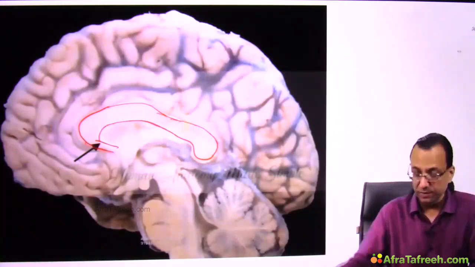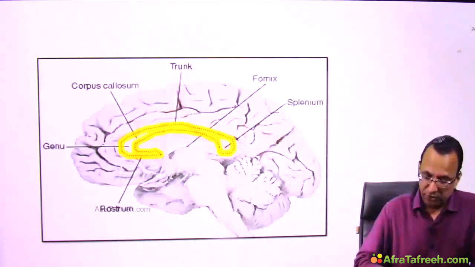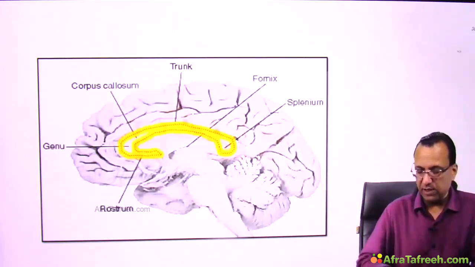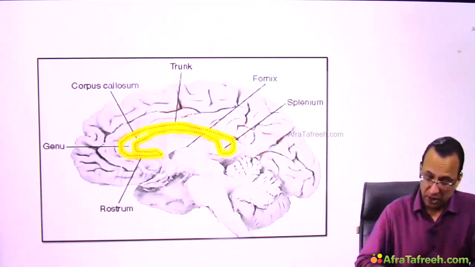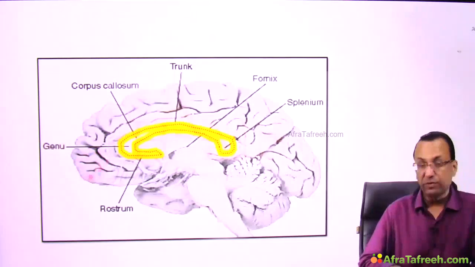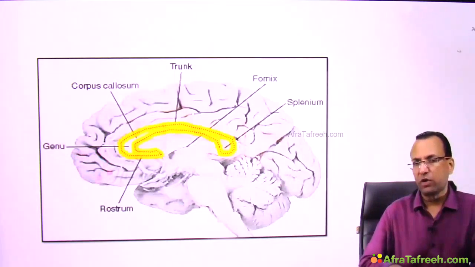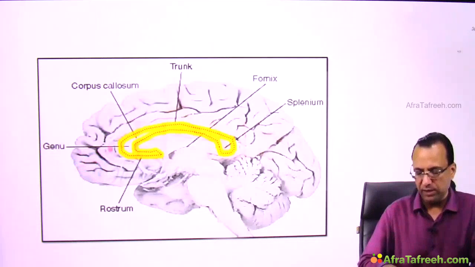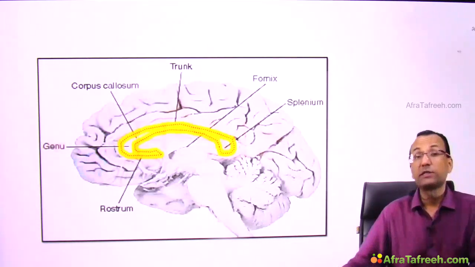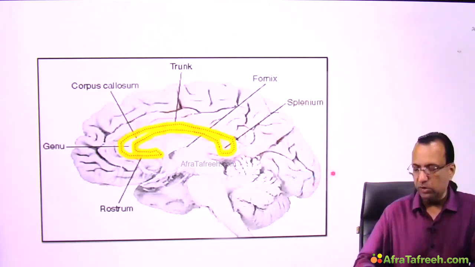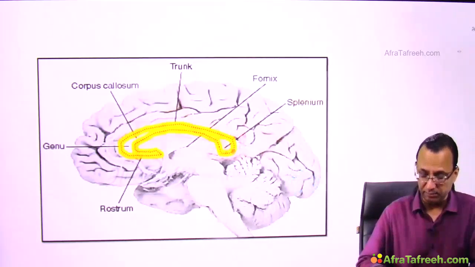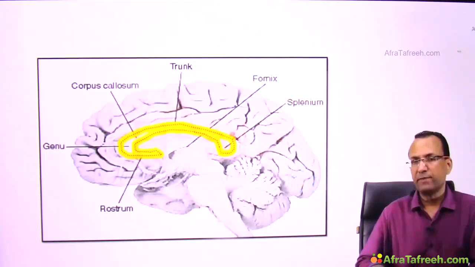We want to talk about various connections it is doing. Let us do it. If you are talking about corpus callosum, this is a sagittal section, and what we have learnt is, if I want to connect the frontal lobe with the frontal lobe, the fibers are called the forceps minor, and they are passing through the genu of the corpus callosum. And if I am connecting the occipital visual cortex of the right side with the left side, their fibers were passing the splenium, and it was forceps major.